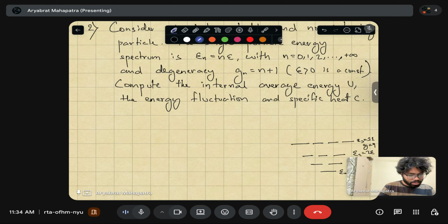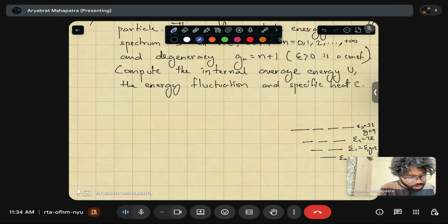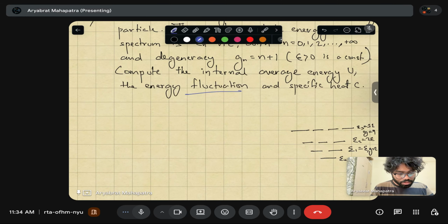Then again your task here is to calculate the energy fluctuation. Energy fluctuation means you have to calculate the deviation in energy, basically the standard deviation. It is given as the average of energy squared minus the mean energy squared.